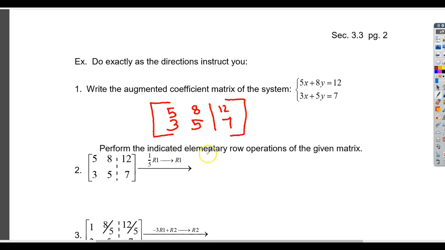Alright, so here it says perform the row operation. We're going to say 1/5 times row 1 and leave it in row 1. We're not going to do anything to the bottom, so we're just going to write it down. Now if I say 1/5 times 5, I get 1. 1/5 times 8, I get 8/5. 1/5 times 12, I get 12/5.